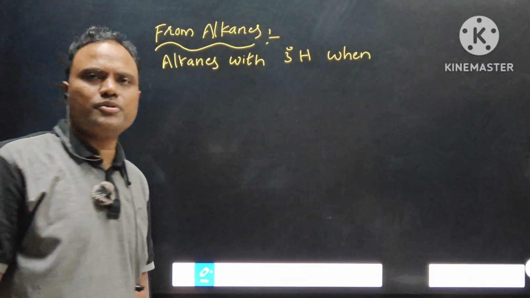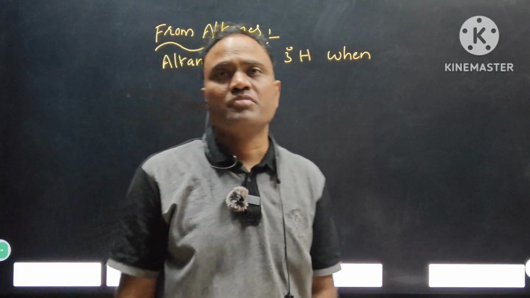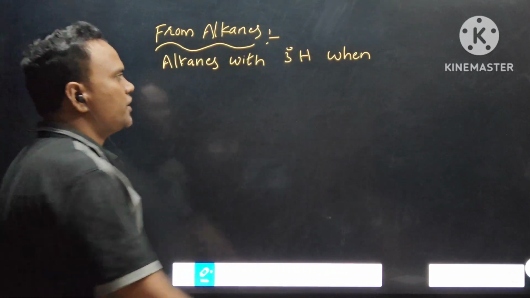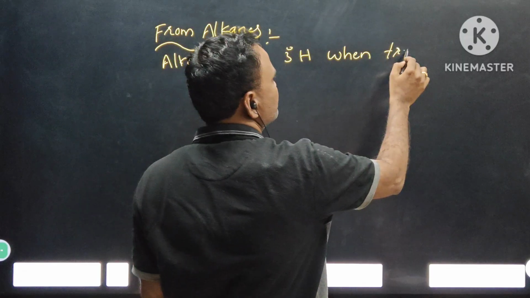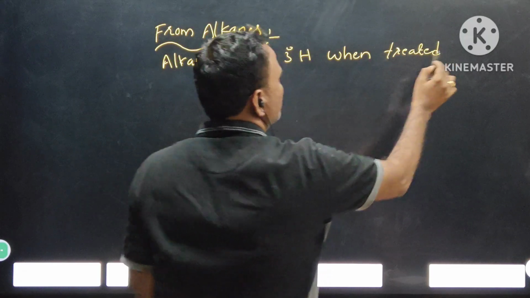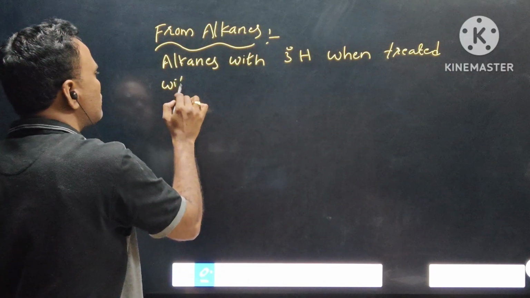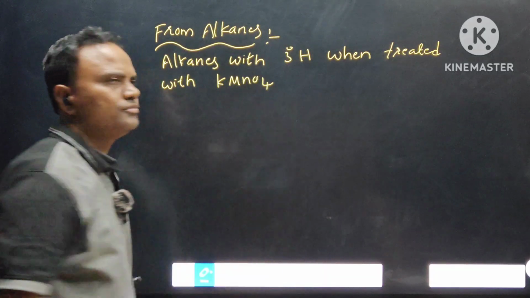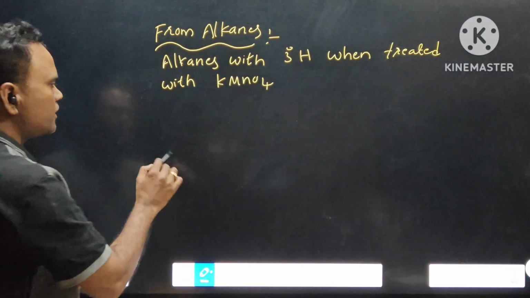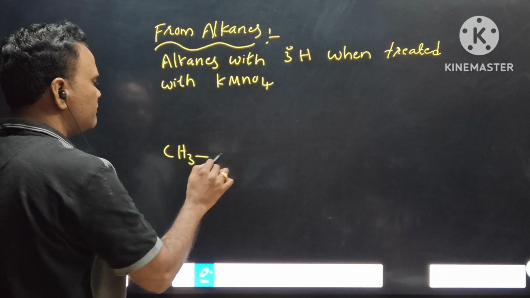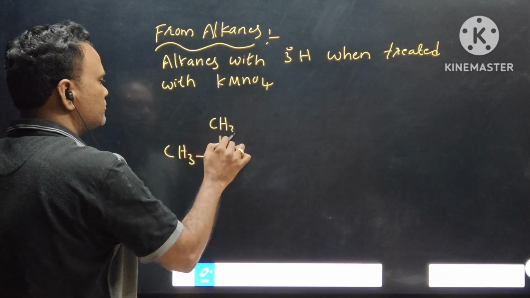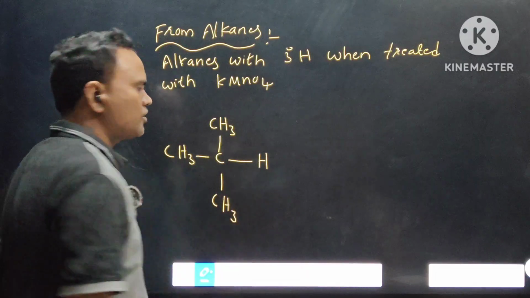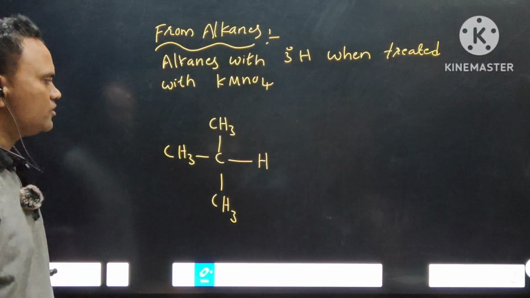Not all alkanes produce alcohols. Alkanes with tertiary hydrogen only produce alcohols when treated with KMnO4, a strong oxidizing agent. I am taking this alkane. What is its name?